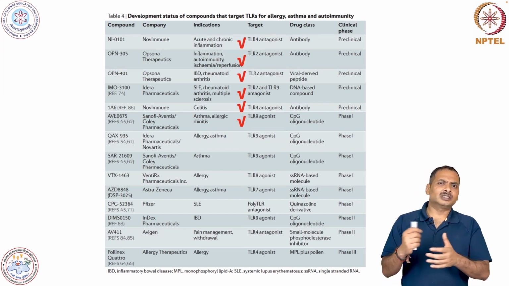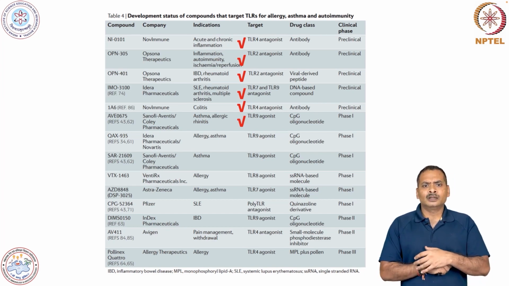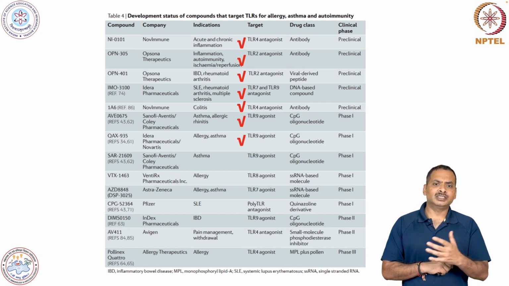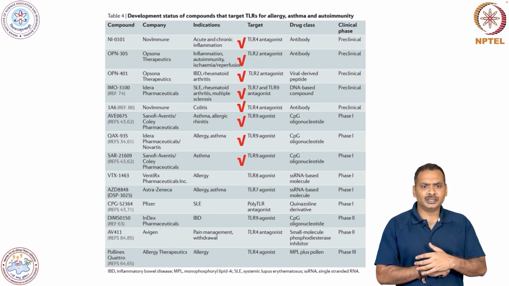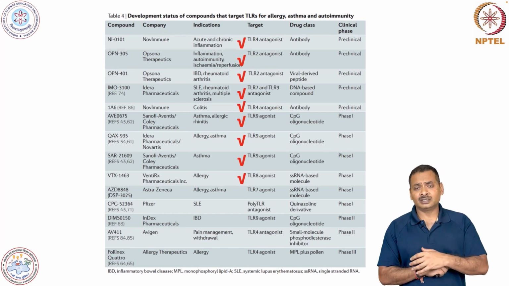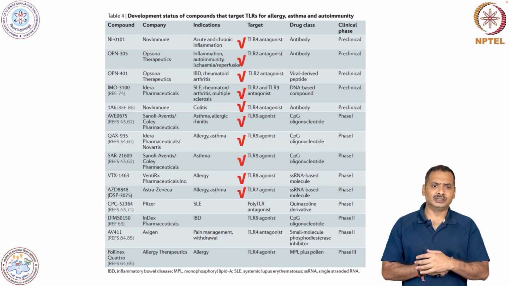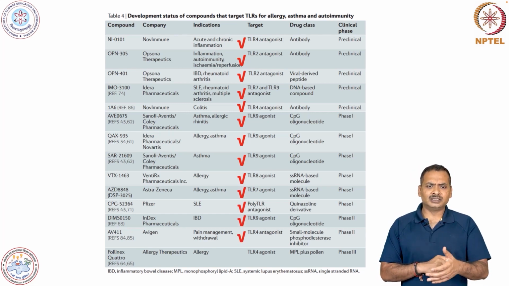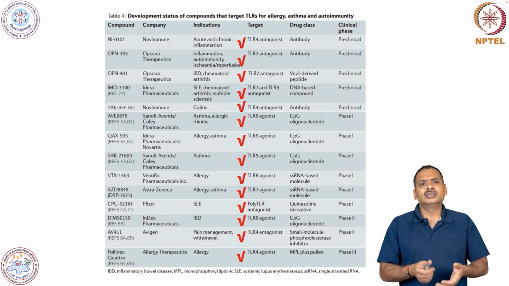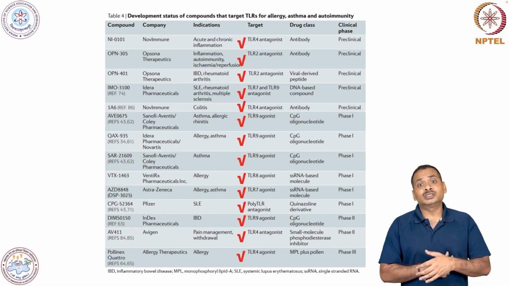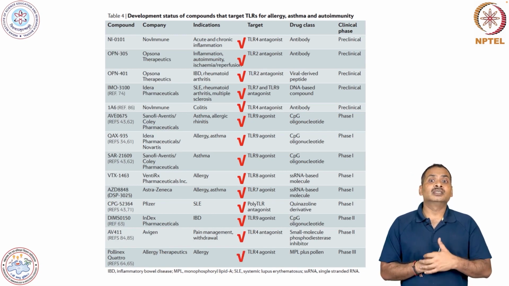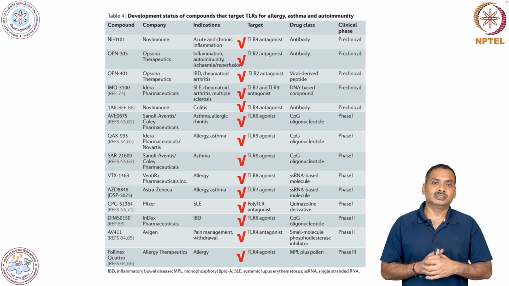Okay, it's a pollen allergy. Okay, a TLR9 agonist is used in allergy and asthma. Again, a TLR8 agonist is also used in allergy. So here you can see in this list, there are several molecules which can be used in the treatment of various allergy, asthma and autoimmune diseases.